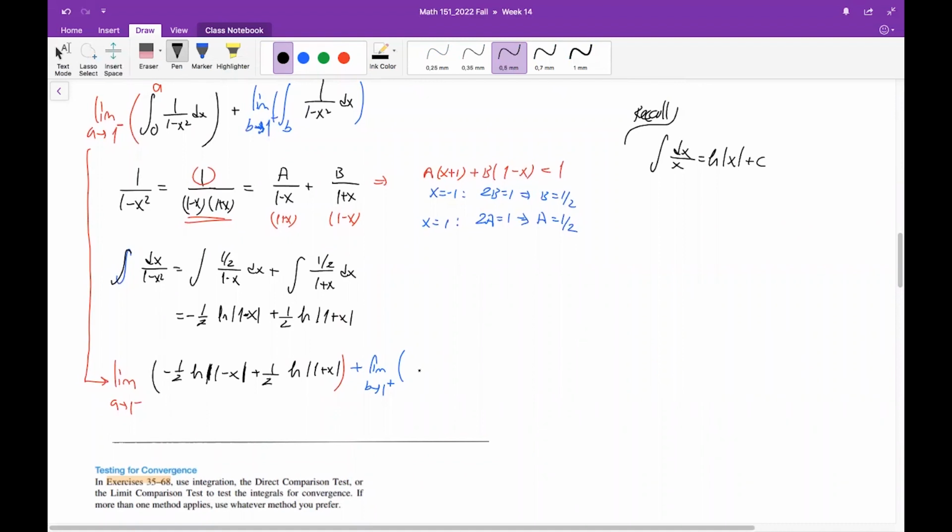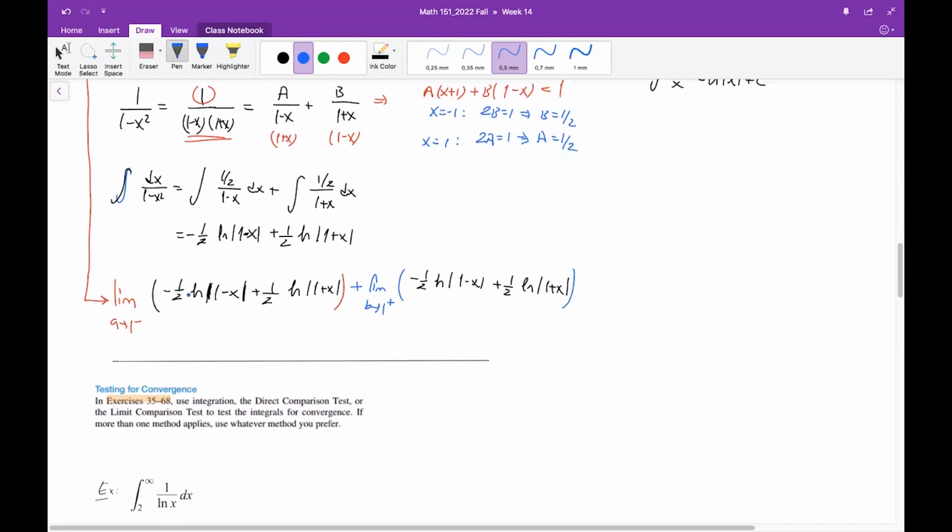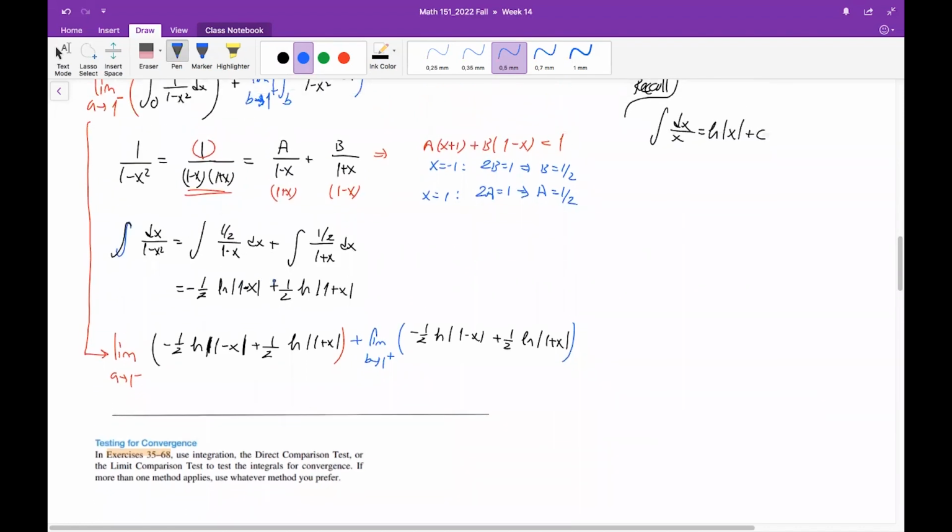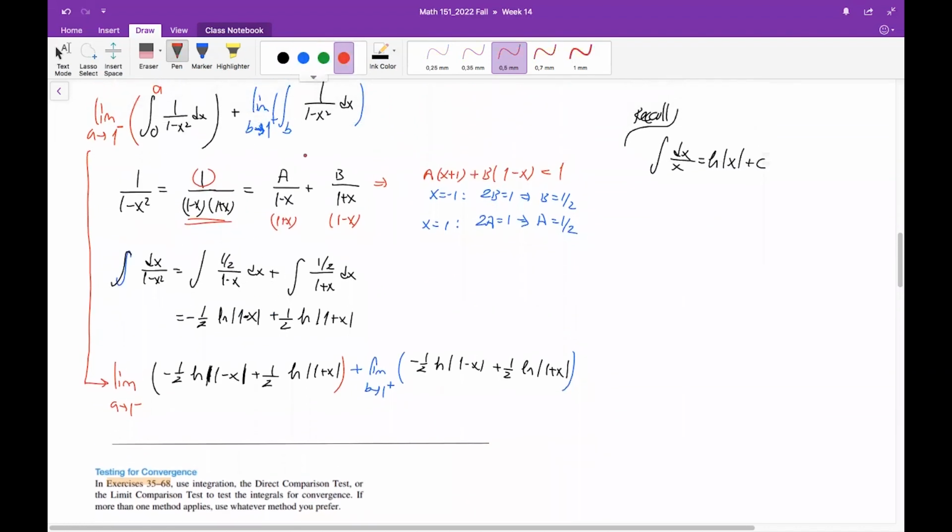So what is it? Minus 2. Something like this. Okay. Now time to evaluate the limits. By the way, I need to insert from 0 to a for this integral.